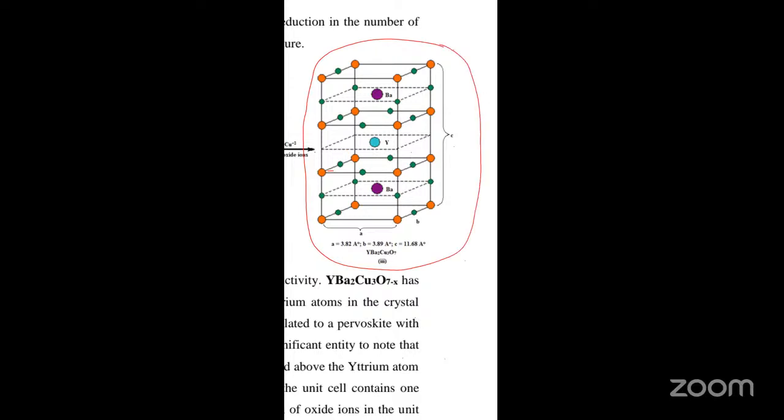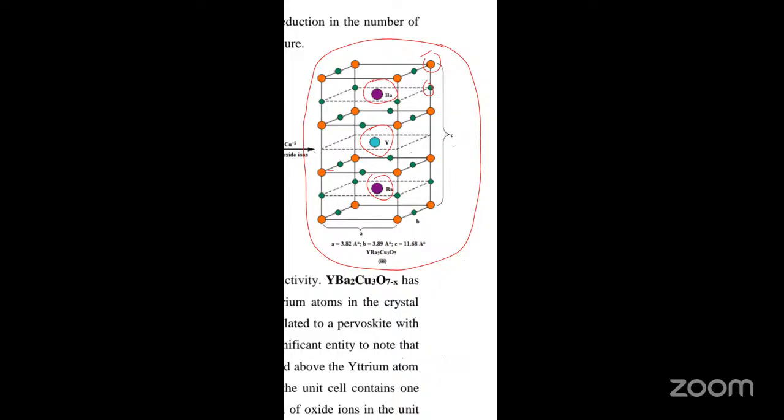Since we need to show how it is formed, for explanation we have provided three diagrams. Here the middle will be yttrium, here barium, here copper, and the green will be oxygens.